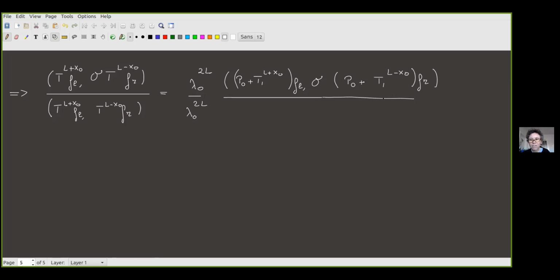and below, well, we have the same L plus X0 applied to F left, and then the same here without the observable F right. Okay, and now you see that this term, the term here and so on, they will converge to 0 when L goes to infinity.